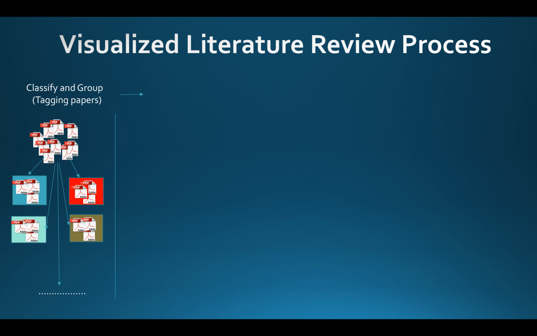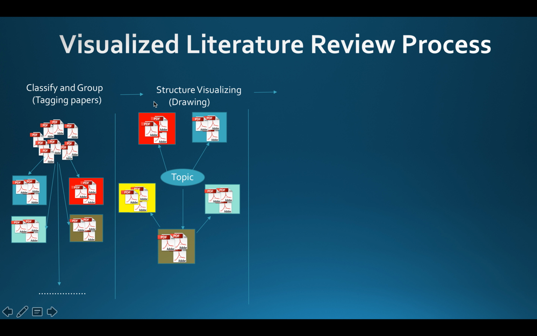For me, I prefer the visualized literature review process. It looks like this. This is what I preferred, and I designed the process like this. First, I collect the papers, and I classify the papers and group them in this way, so I can see how these papers can be divided into different groups.